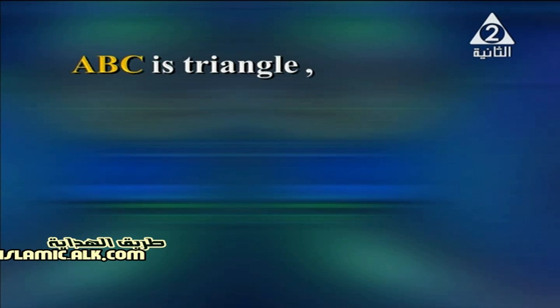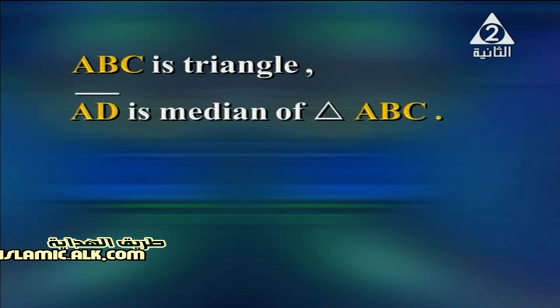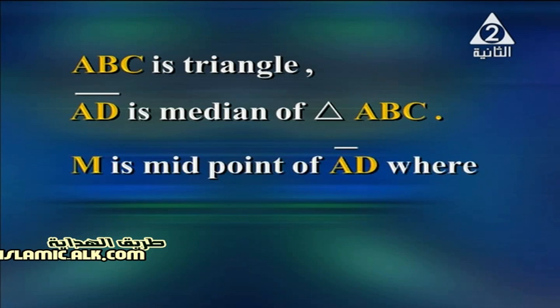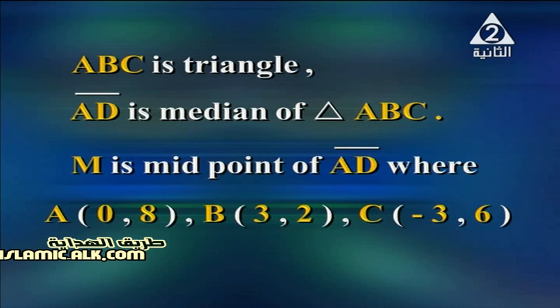ABC is a triangle. AD is a median of triangle ABC. M is the midpoint of AD, where A is (0, 8), B is (3, 2), C is (-3, 6).